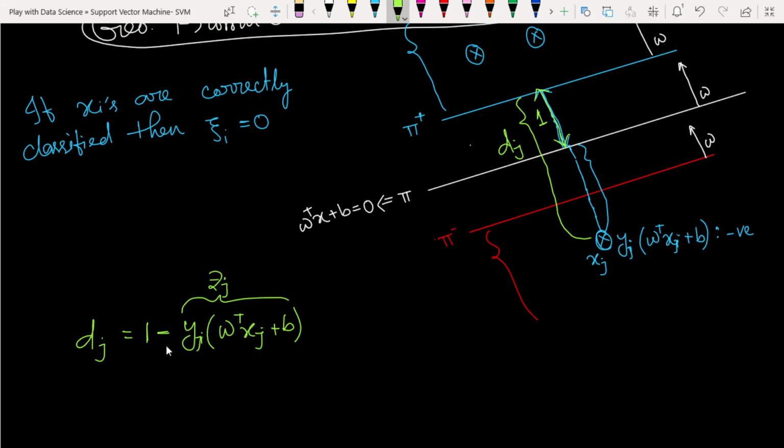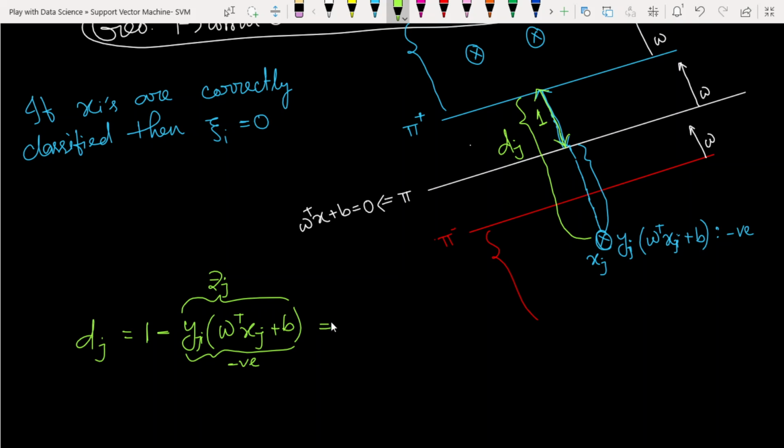If you take the sign interpretation, then this value is negative, and 1 minus this thing adjusts automatically, so minus into minus is equal to plus.